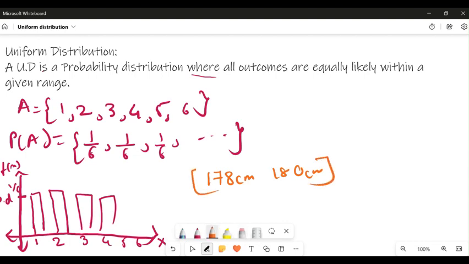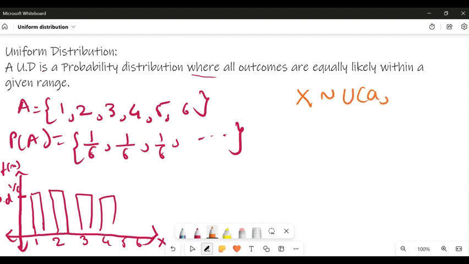This is another example, for the continuous uniform distribution, in which I have a continuous value, whereas over here I had the discrete one. The uniform distribution is represented as X similar to U of a to b. What is this a to b? It's nothing but the limits. Let's discuss how it looks.